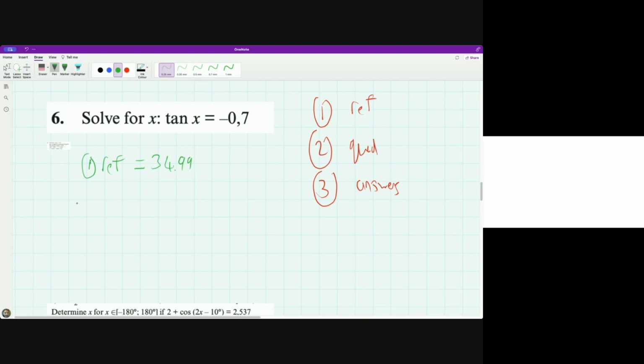So 34.99. What quadrants is tan negative in? It's negative in the second and the fourth quadrant. Please put done in the chat when you're done, so I know that you've got your answer for this one.